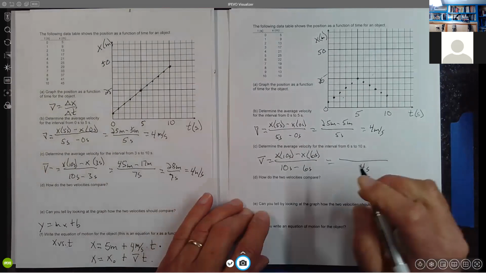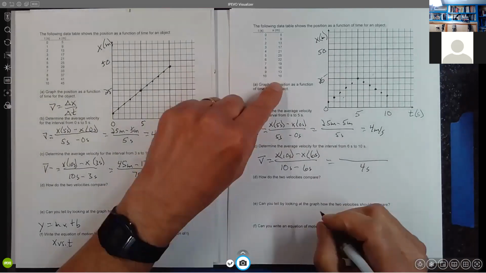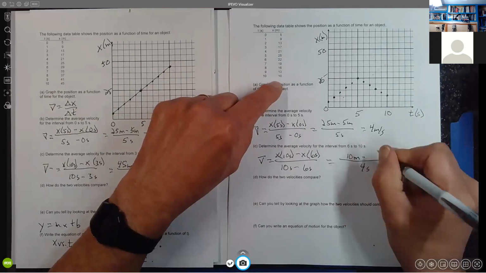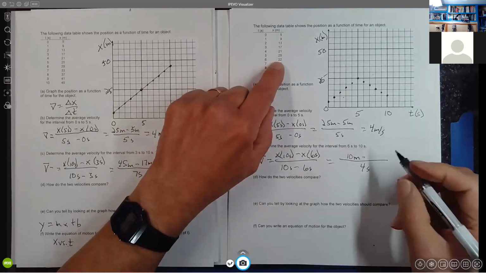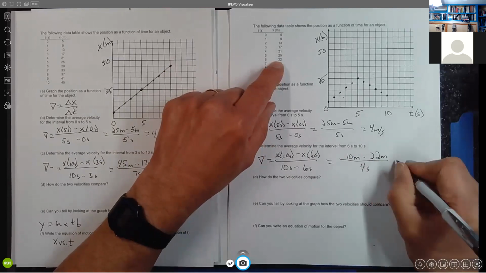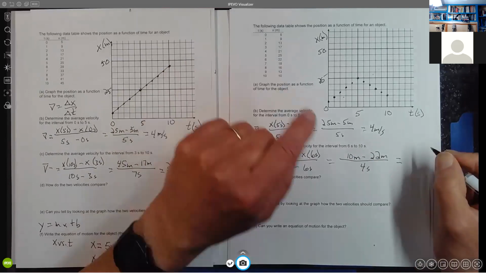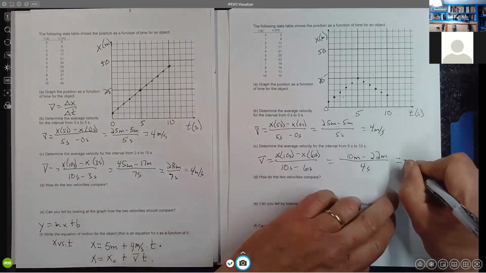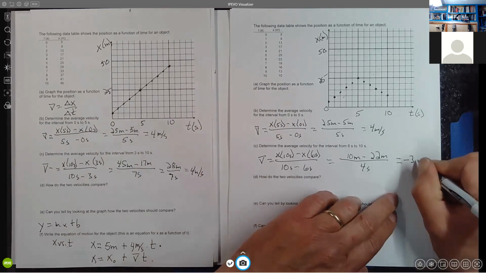I can figure that out. At 10 seconds, it is at 10 meters. At 6 seconds, it is at 22 meters. And that looks like a negative 12 to me. Divided by 4 seconds is negative 3 meters per second.